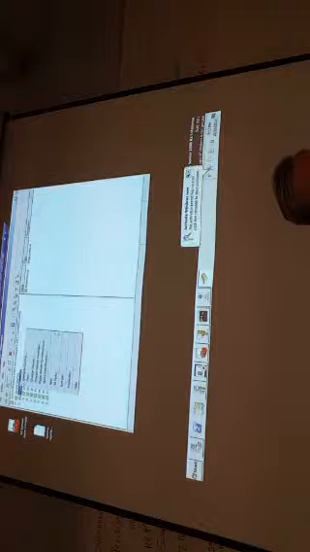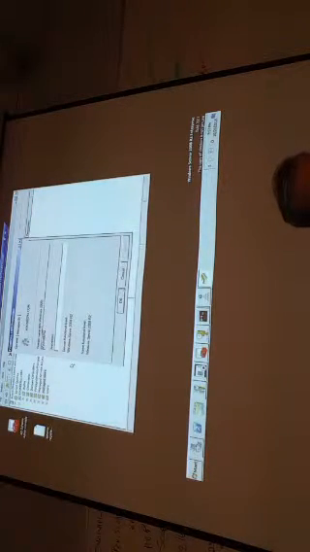This is going to have a forest functional level and a domain functional level. The forest functional level is 2008 R2. The domain functional level is 2008 R2.